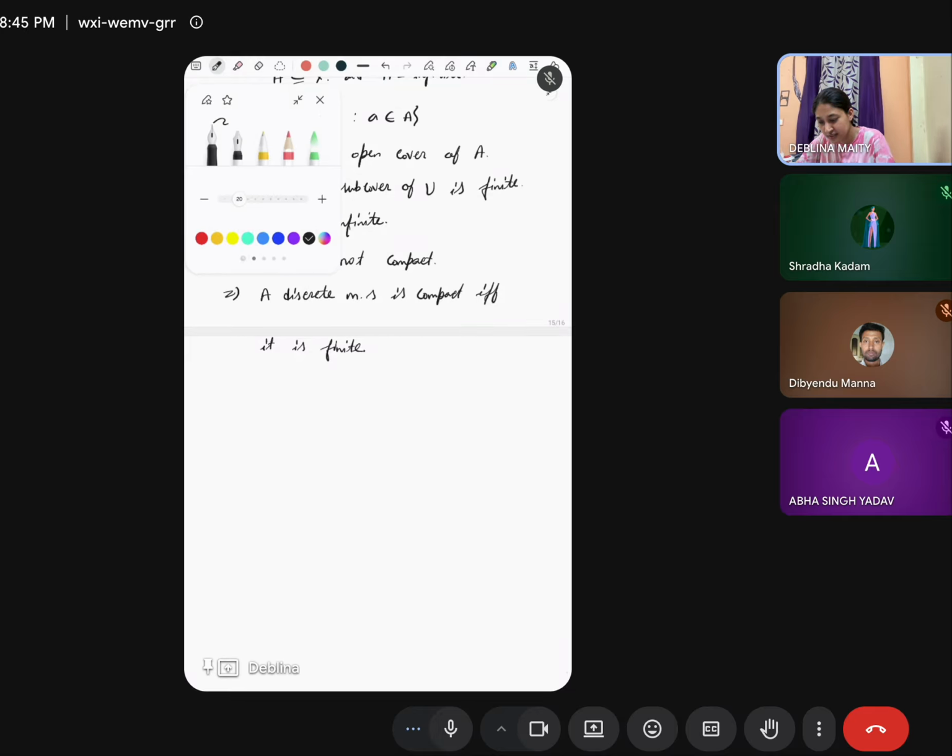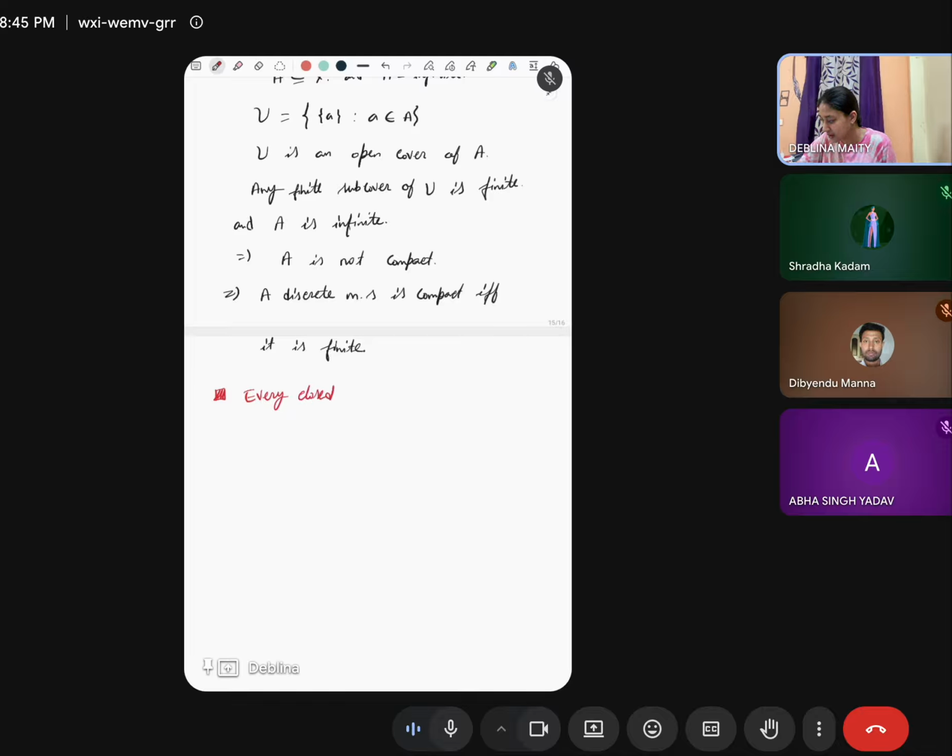Now we'll describe a result. It says every closed subset of a compact metric space is compact.